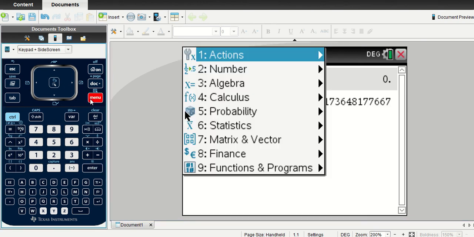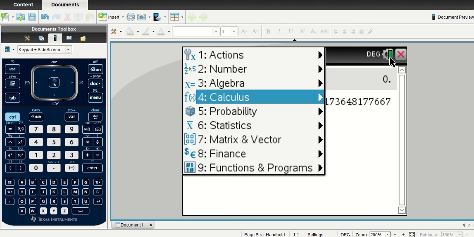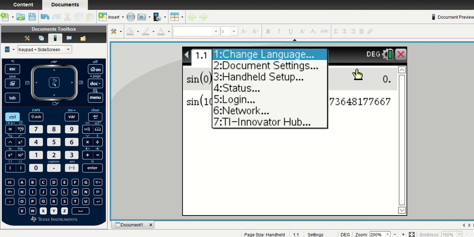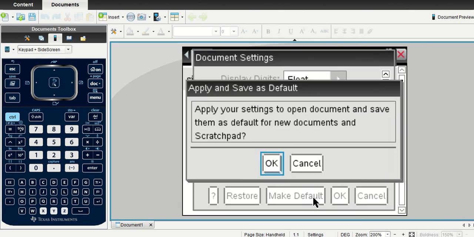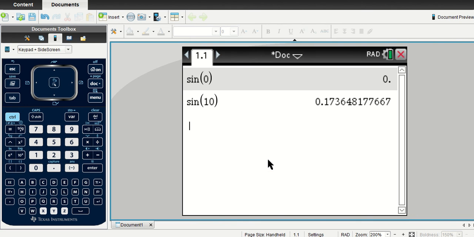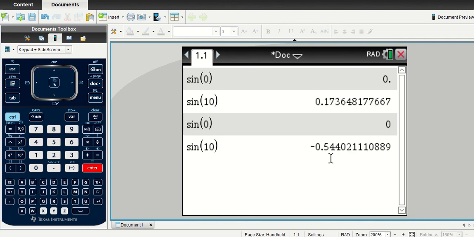Just so you can see what happens here, if I were to click on document settings and switch it to radian, make default, sure. If I go up and select sine of 0 again, I get 0. And if I select sine of 10, I get something different. That's weird. It's not the same.